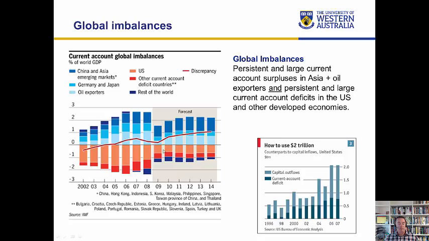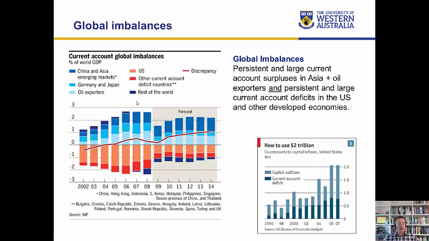The other thing to remember is that we're not just looking at current account deficits on the bottom and surpluses on the top. We also have to think about the underlying financial flows which go along with these current account balances.